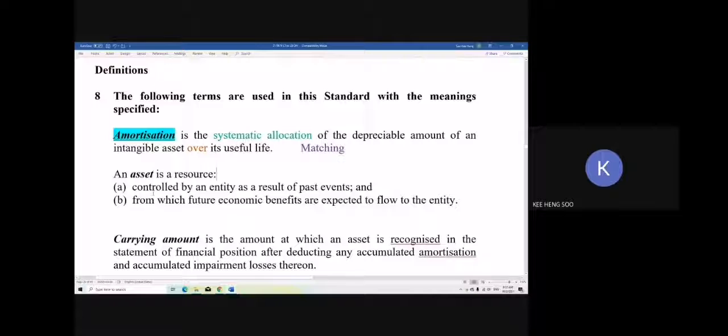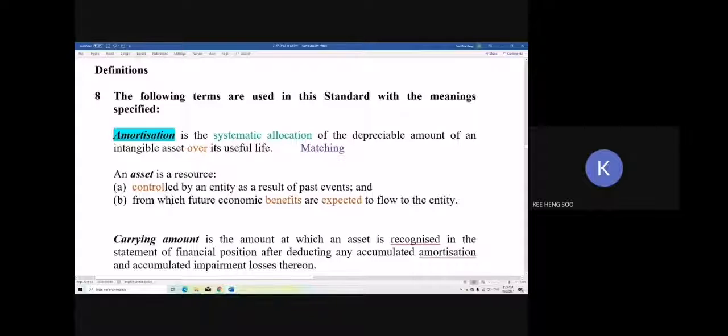An asset is a resource controlled by the entity, and remember the keyword, you expect benefit. Same thing for an intangible asset, like goodwill or a patent.